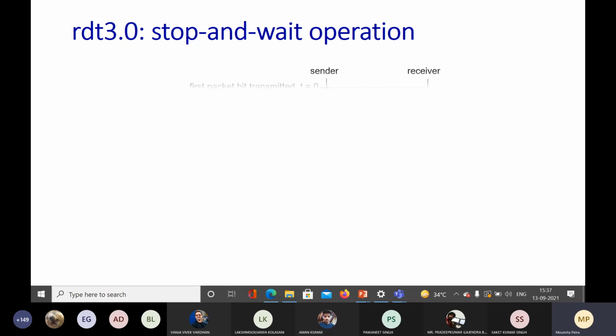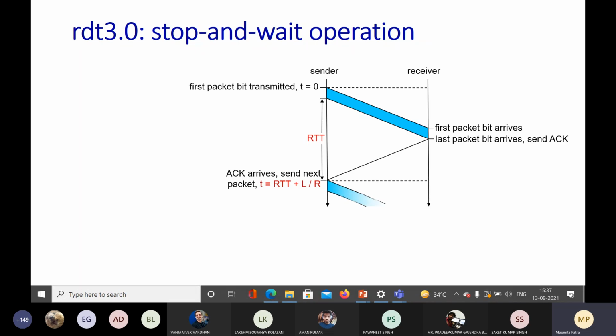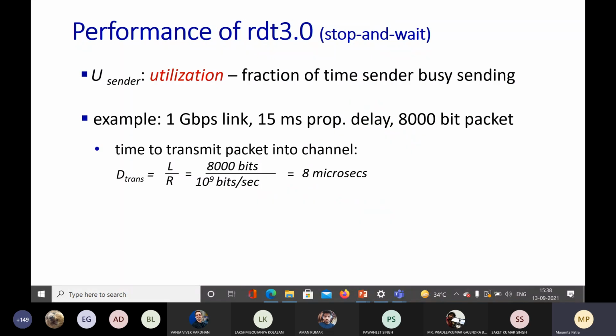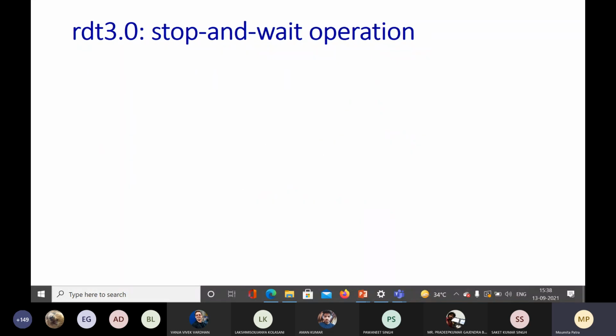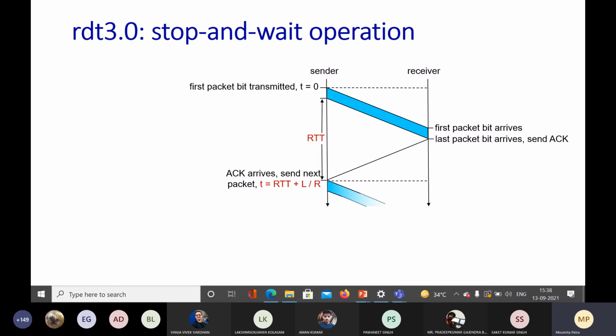Now, how would this work out? When the first bit of the packet is transmitted from the sender side, it will take 8 microseconds, just the transmission delay, to send the entire packet over the medium.